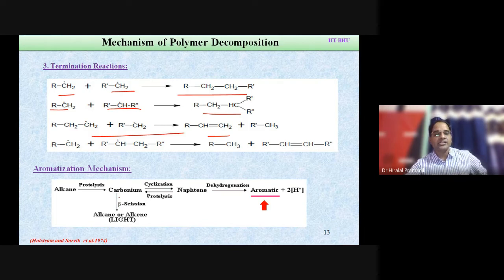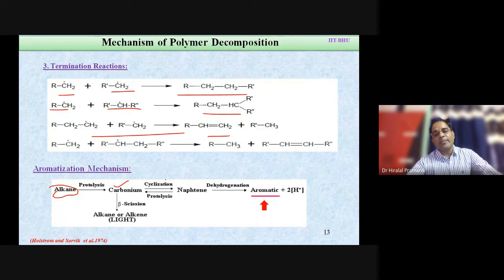Now aromatization is another process that, if you know the mechanism, you can control by designing the reactor, as well as selecting a suitable temperature range and catalyst. Now if you have an alkane, a saturated paraffin, protolysis will give you a carbonium ion.